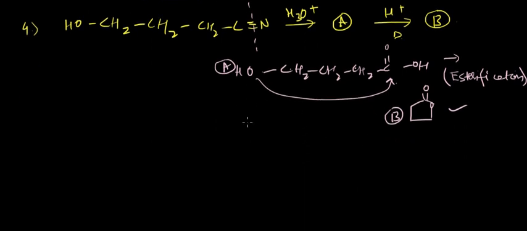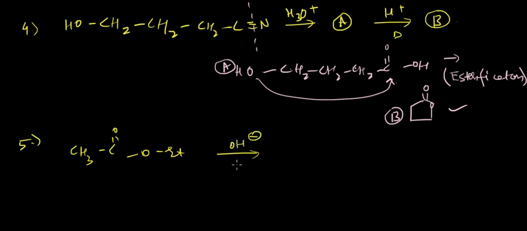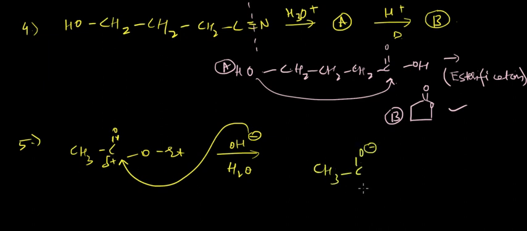Okay, let's discuss another example. This is CH3 C double bond O, OEt ester, and we are passing basic medium in it in presence of water. So what will happen in this reaction is, obviously OH minus would be attacking the electrophile which has delta plus, so we'll be having something like this as the intermediate, with OEt here.